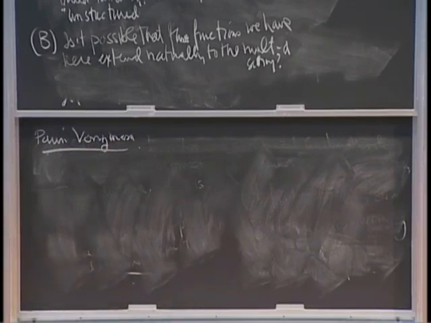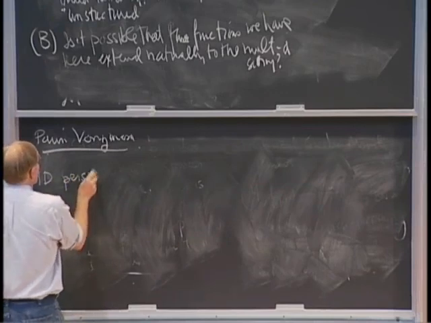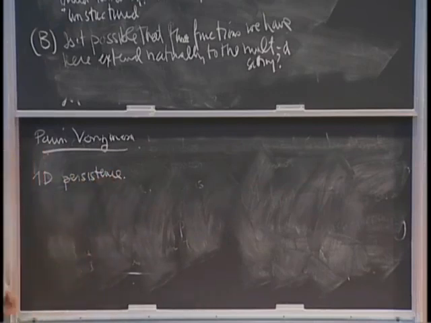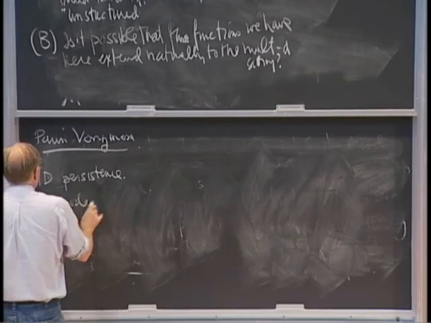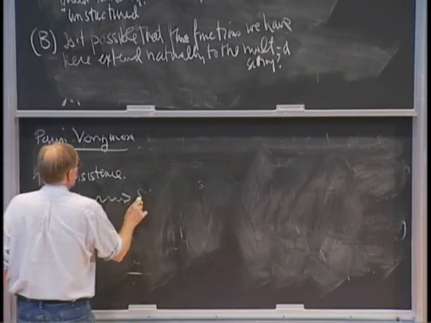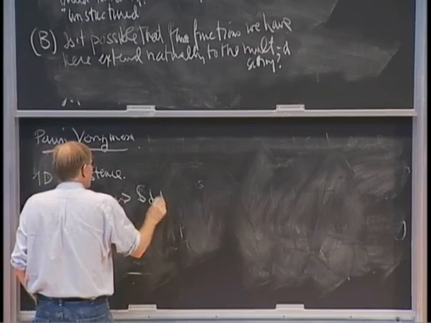One thing that you could do, let's consider ordinary 1D persistence. For a given barcode, I could lose some information and keep track just of the set of birth points and the set of death points. So S death and S birth.